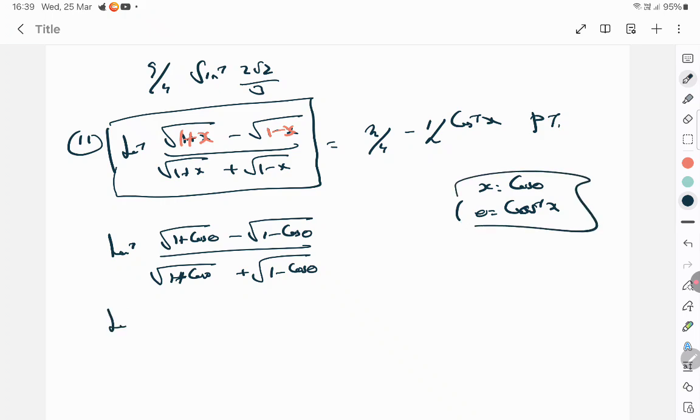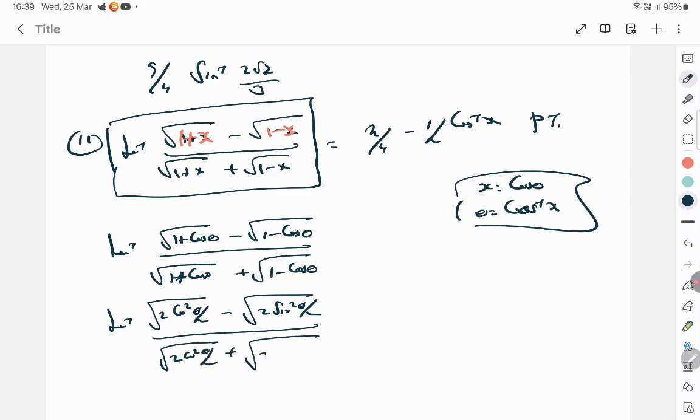Correct? So tan inverse of 1 plus cos theta is 2 cos square theta by 2 with a root, and 1 minus cos theta is 2 sin square theta by 2 with a root, by root of 2 cos square theta by 2 plus root of 2 sin square theta by 2. This will become tan inverse of, root 2 throughout gets cancelled, root and square get cancelled, cos theta by 2 minus sin theta by 2 by cos theta by 2 plus sin theta by 2.